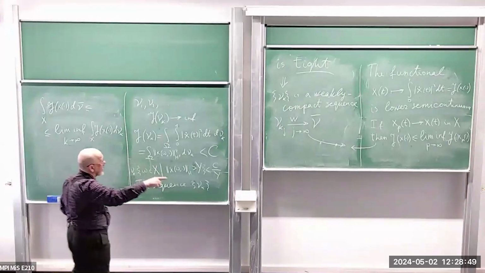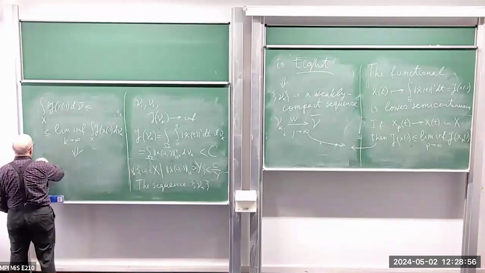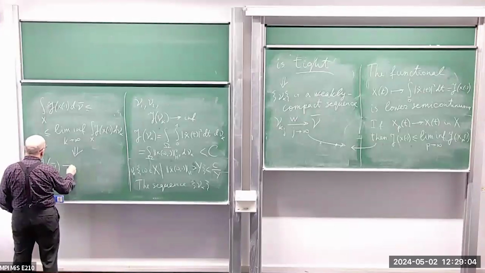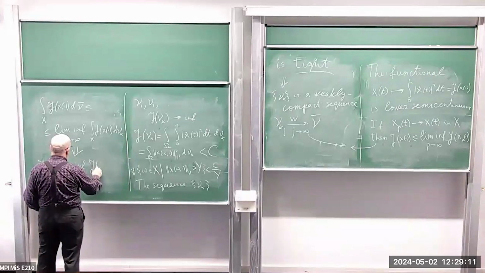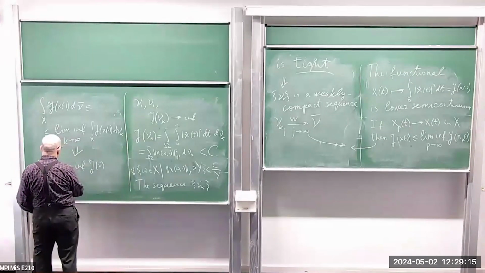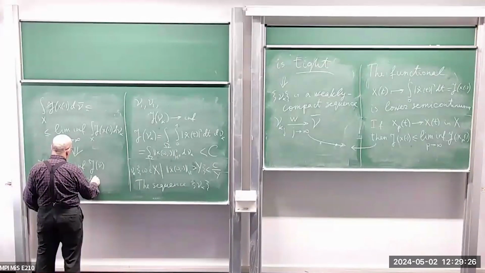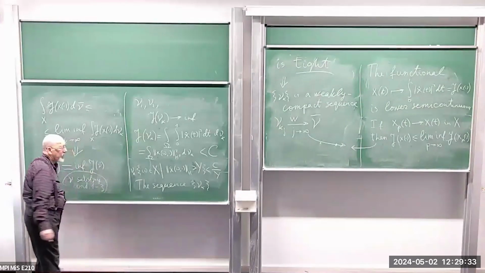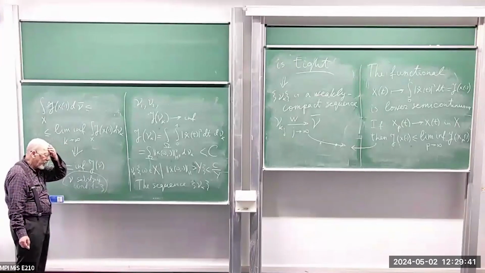But this sequence was minimizing, so this means that J of nu bar equals the infimum of J of nu over all measures satisfying conditions 1 to 3: incompressibility, finiteness of action, and boundary condition.